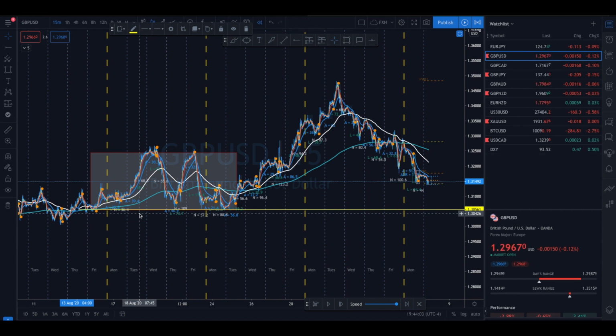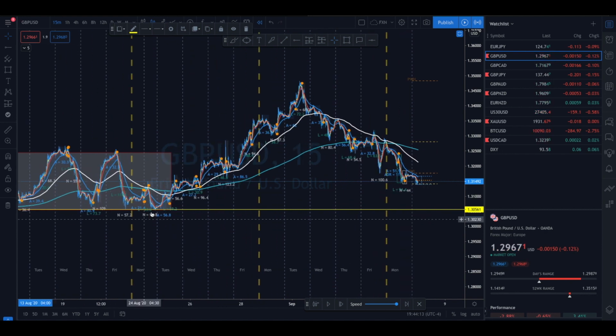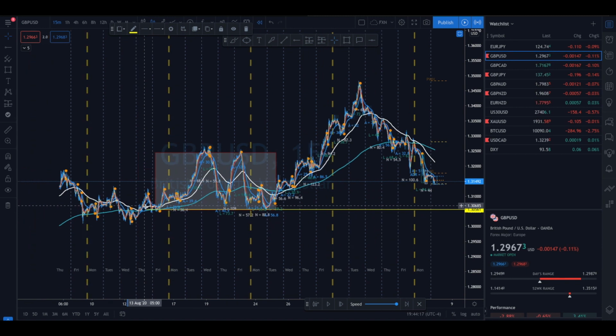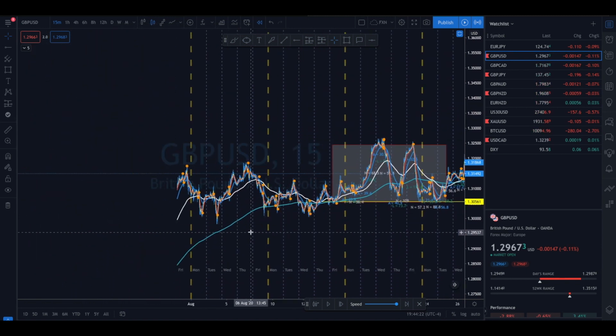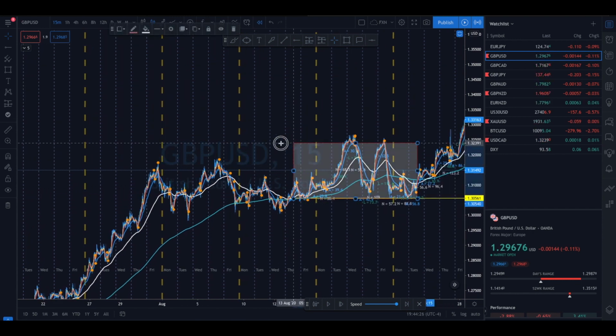So you have a couple things that are basically telling you what bias you should have. Okay, you have to the left where the main structure is, where price has been before, right? Look at all this right here. This goes on for 1, 2, 3, 4 weeks straight. This entire structure here.